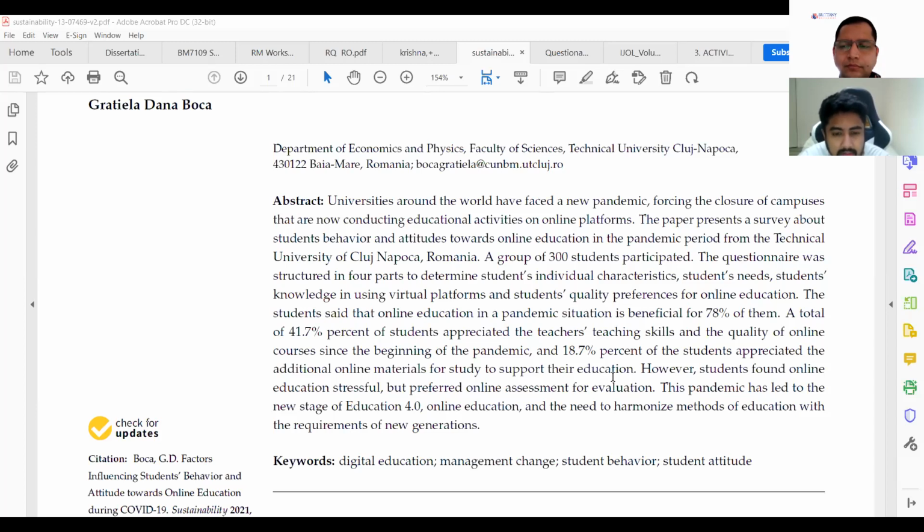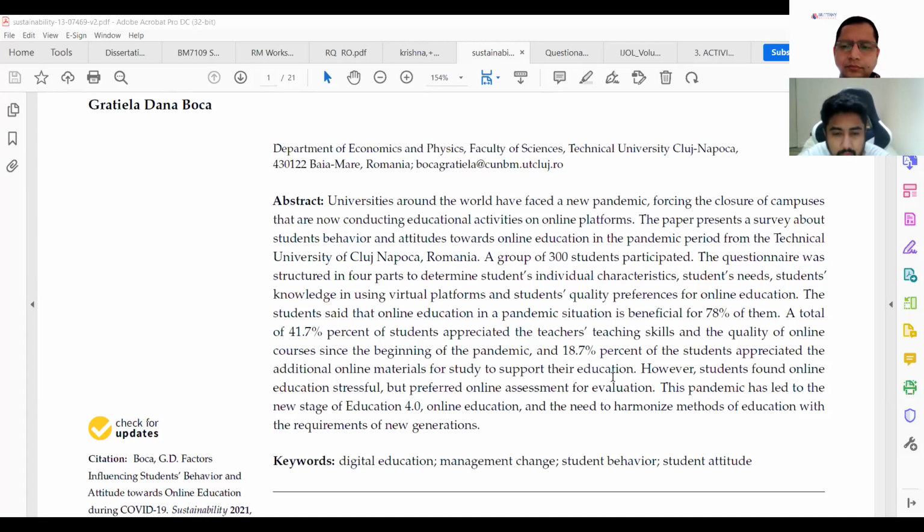The students said that online education in a pandemic situation is beneficial for 78% of them. A total of 41.7% of students appreciated the teacher's teaching skills and the quality of online courses since the beginning of the pandemic, and 18.7% of the students appreciated the additional online materials for study to support the education.